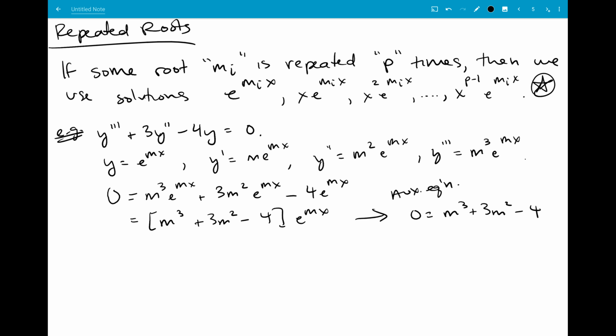You should be happy handling quadratic equations, but cubic, I'm just going to tell you, this is just going to be 0 equal to m minus 1 times m squared plus 4m plus 4, which is m minus 1 times m plus 2 squared.